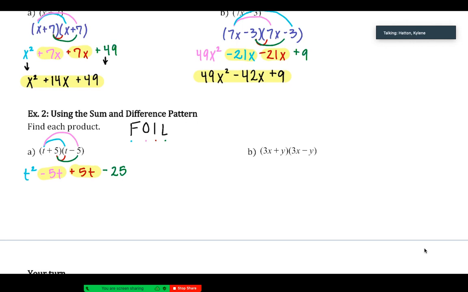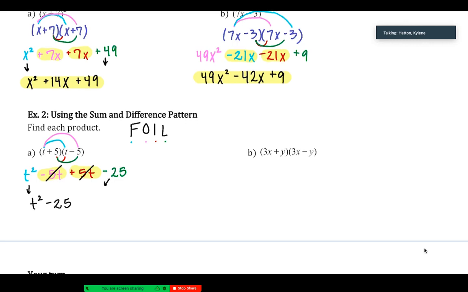So if we add them together, they become 0. So that means I just have to bring down my t squared and my negative 25, because the t to the first power terms just cancel each other out.